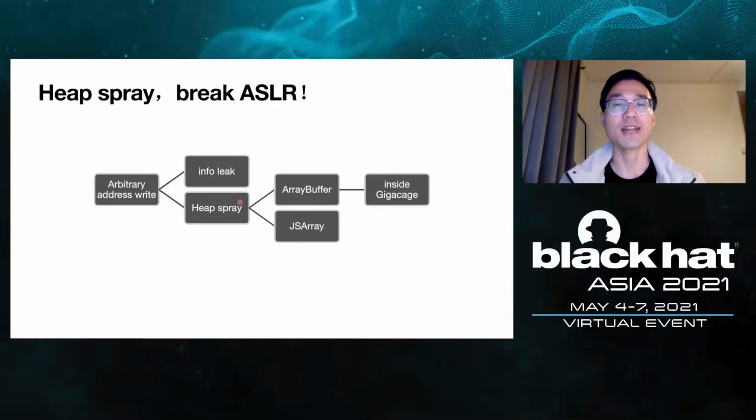The first thing that comes to mind is to override the length field in JS array, or the length field in array buffer. Due to Safari's GigaCage mechanism, even if the length field of array buffer is overwritten, we cannot read or write meaningful content. So I finally selected JS array.